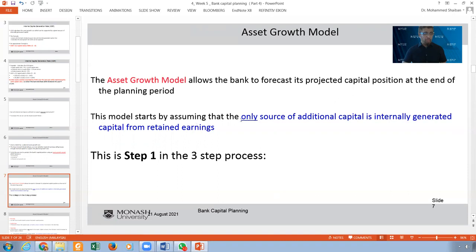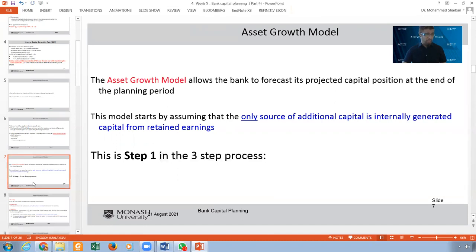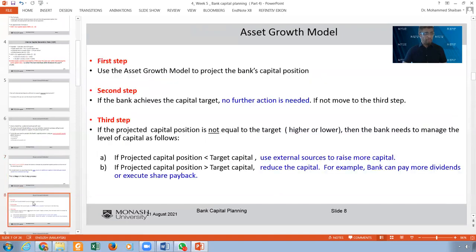So this model assumes there is only internally generated capital, which is actually the retained earnings. So this is actually a 3 step process, and let's look at what these 3 steps are. The first step is to use the asset growth model to project the bank capital position.